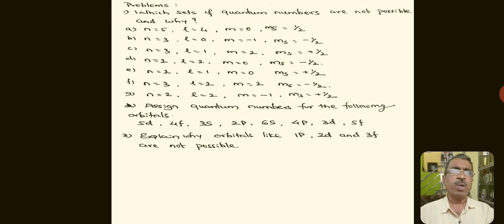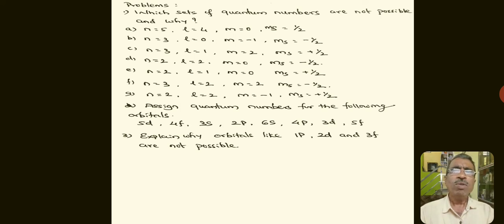Orbit comes from Bohr's theory, subshells come from Bohr-Sommerfeld's theory, and orbital comes from the wave mechanical model of an atom. And the magnetic quantum number gives the shape of these orbitals, which also comes from the wave mechanical model of an atom.